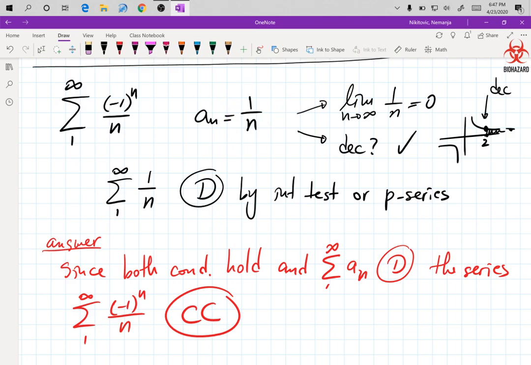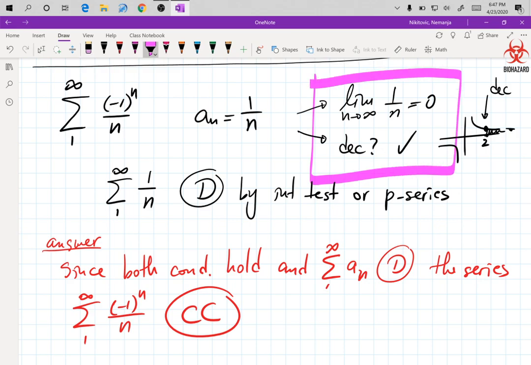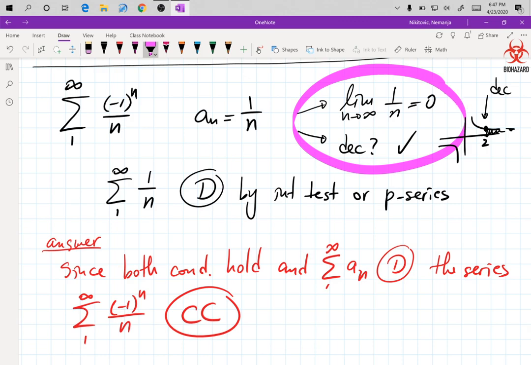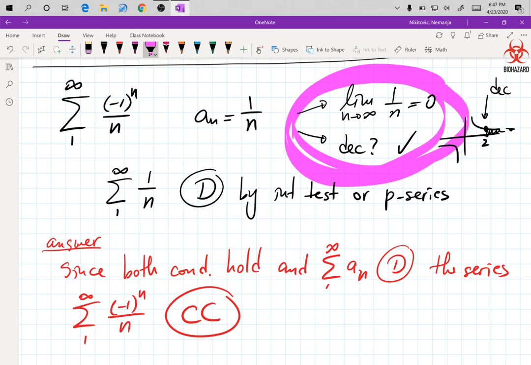So your a_n leads to the harmonic series, which gives you divergence, right? But these two conditions, when they pass, give you convergence. So this convergence combined with this divergence gives conditional convergence. Guys, the problem is convergent.